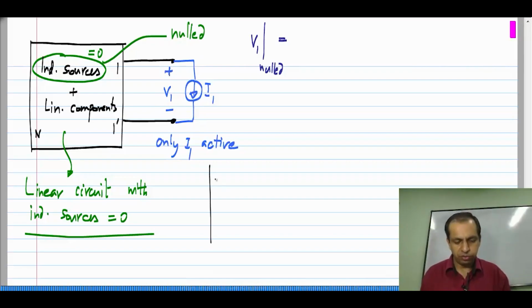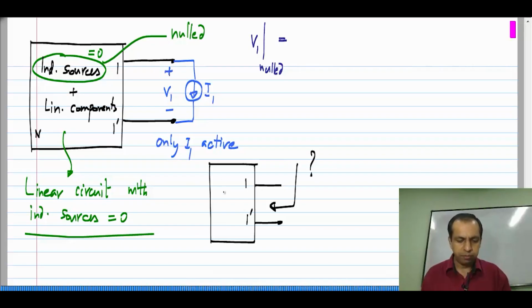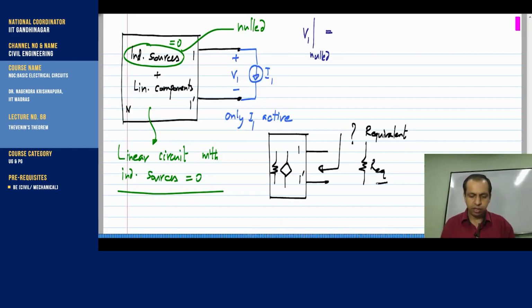where you are given a circuit and two terminals are exposed and you are asked to find out what the circuit looks like. And if the circuit is linear, that is, it consists of only resistors and control sources, then looking in here, what it looks like is a resistor of some value, some equivalent resistance, I will call it Req.